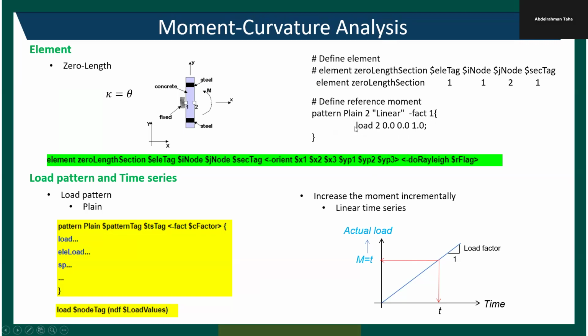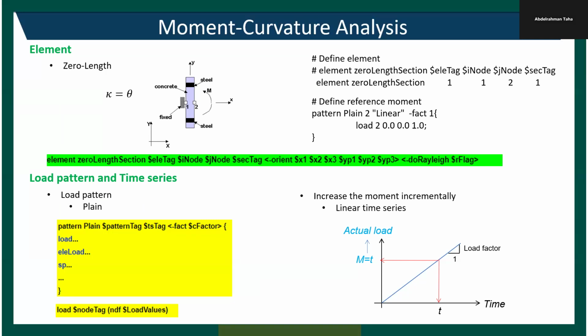Then here, we have this load applied at node number 2 in the rotational direction, which is the third degree of freedom here. And we want to make sure that the factor here is 1, so that we have this nice 45 degree line between the time and the load. If we do this and we record the rotation or deformation of node number 2 using this time feature, we will be recording the time versus deformation, and the recorded time will correspond to the applied moment on this node. Okay.